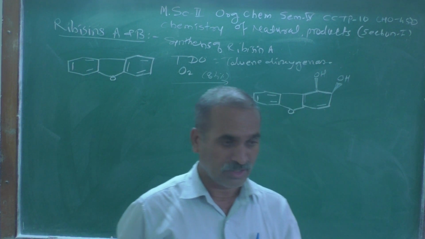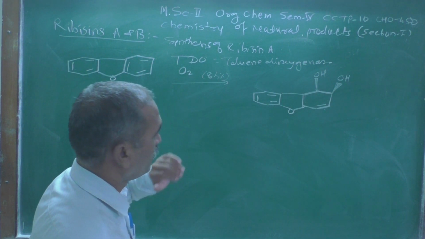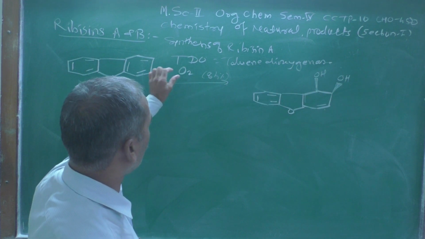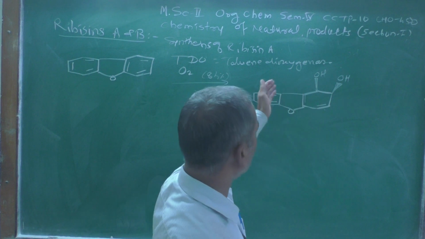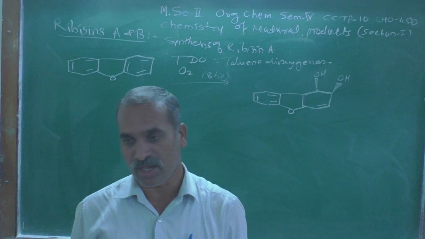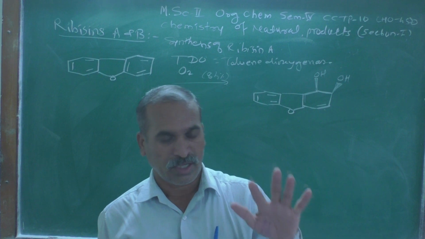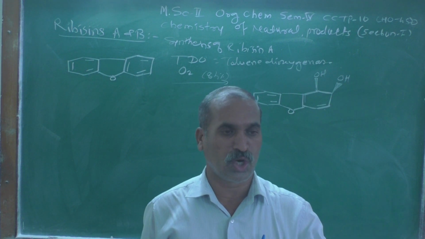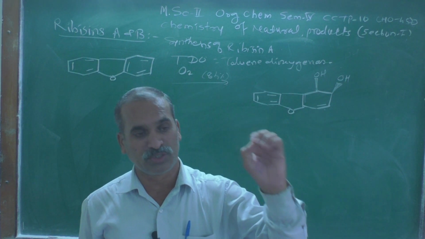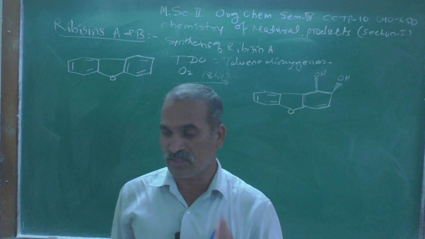But here, even though we know the aromatic ring is very stable, when TDO is used in a controlled condition with oxygen provided, there is an addition reaction. Aromatic compounds under normal conditions do not give addition reactions, because they would lose their aromaticity.